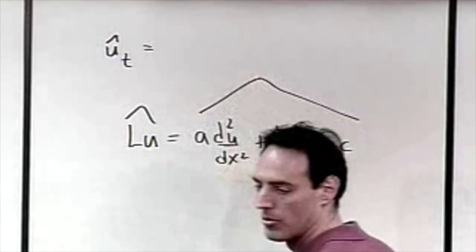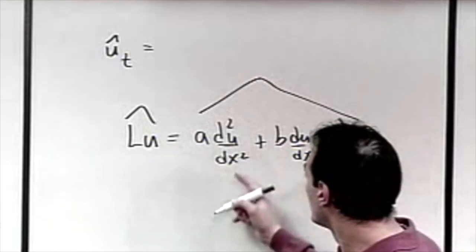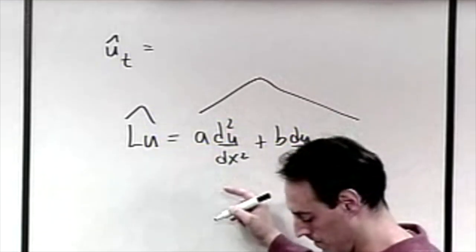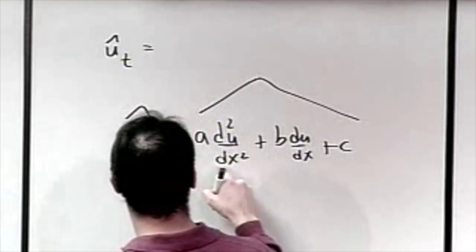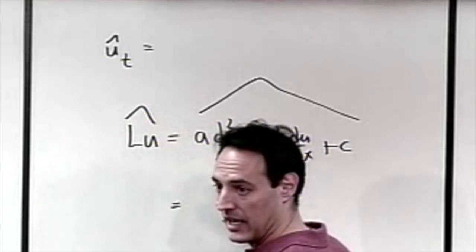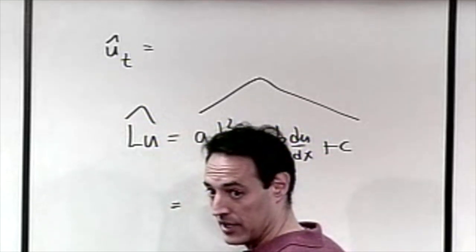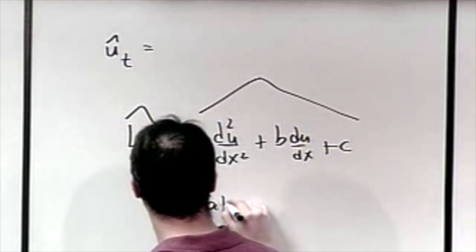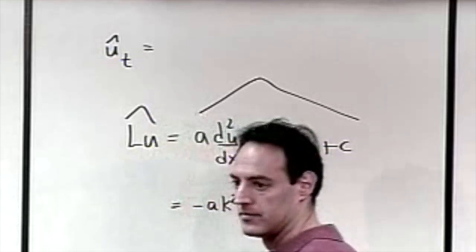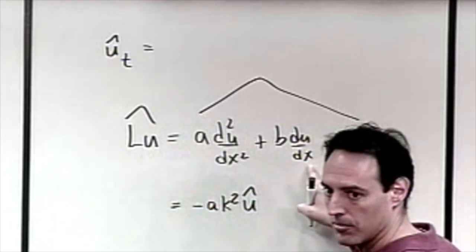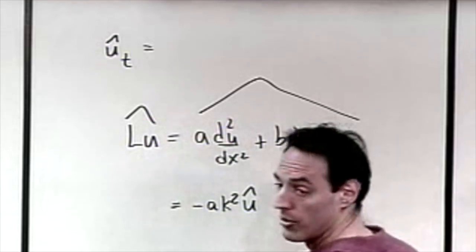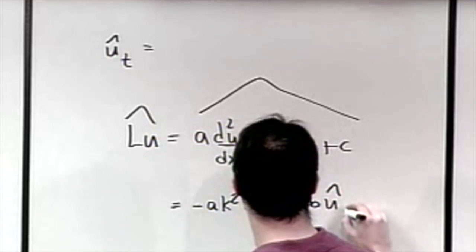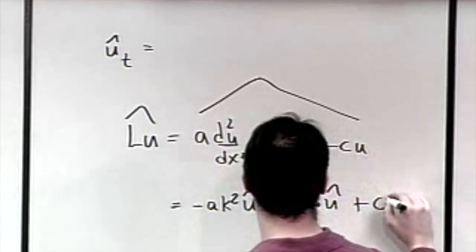You're Fourier transforming the whole thing, and what you know is that Fourier transforms of derivatives pop out ik. So here's two derivatives, it pops out ik, and that whole thing's squared. Well, (ik) squared is minus k squared, so this becomes minus a k squared u hat. Plus, taking the Fourier transform of this term, one derivative just pops out ik, plus i k b u hat, plus c u hat.